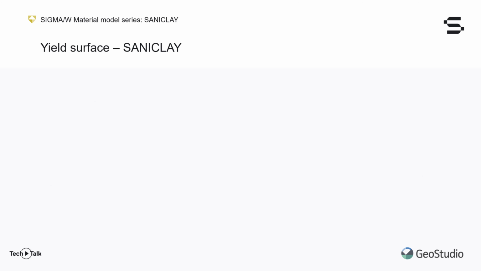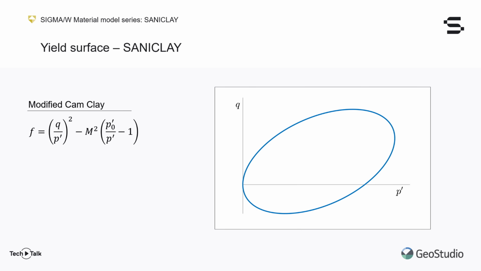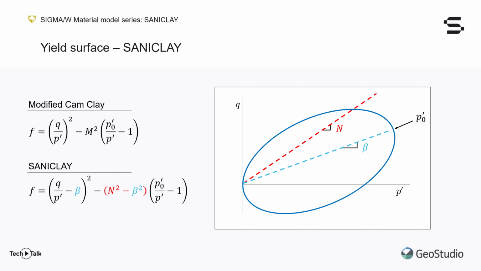The changes required to take the modified Cam-Clay yield surface and alter it so that the SANICLAY yield surface is achieved are rather simple. They involve two new parameters, n and beta. n is the slope toward the top of the yield surface, similar to M in modified Cam-Clay, and is a model input parameter, while beta, an internal parameter, is the slope toward the tip of the yield surface, where the preconsolidation pressure lives.